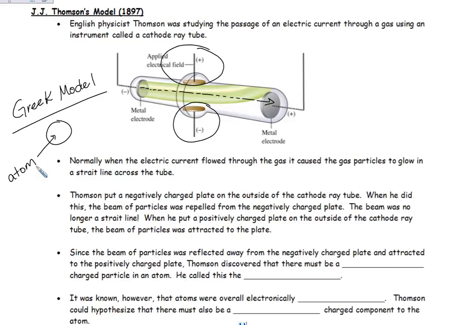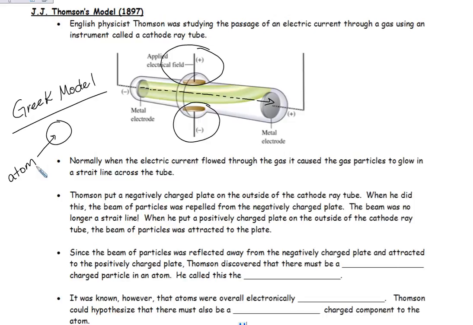Atoms are just these little neutral particles. Or if I put a negative field outside of this little laser beam, I'm not expecting any change, because atoms themselves are just tiny little particles. They're neutral. They should not be affected by a charged field.